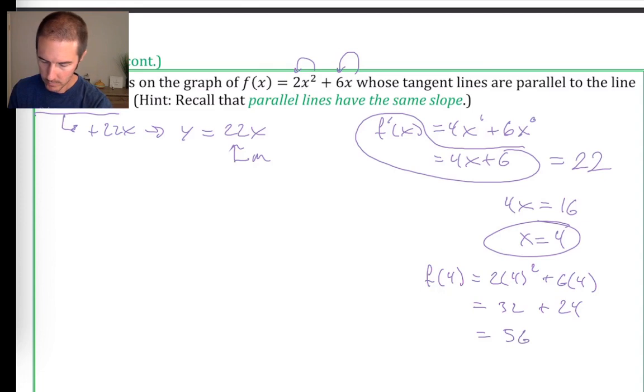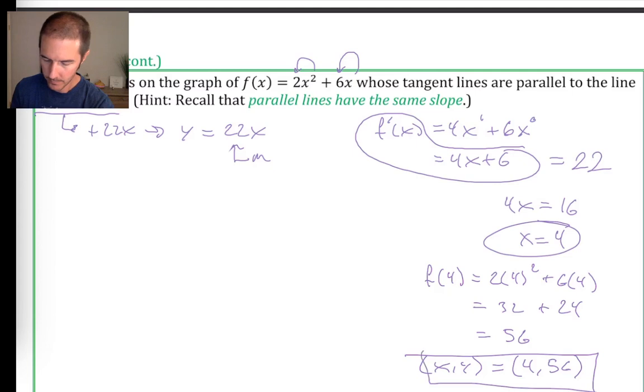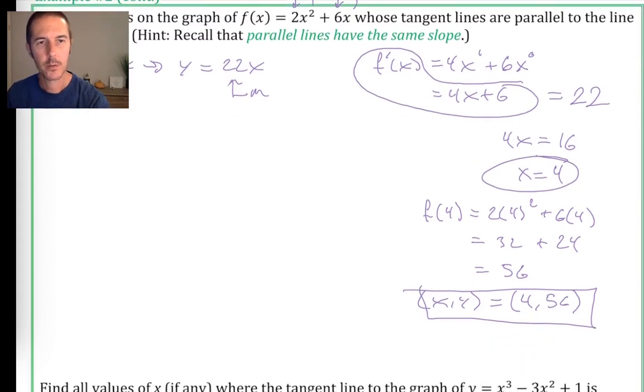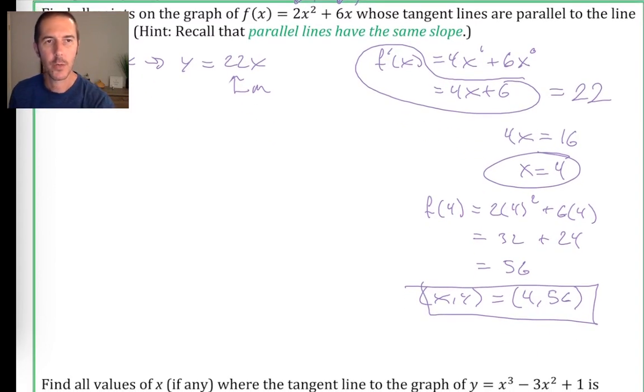So the answer is x comma y. It's an ordered pair. 4 comma 56. So that is the point. It's the location of the point on the original function where the tangent line will have a slope of positive 22.